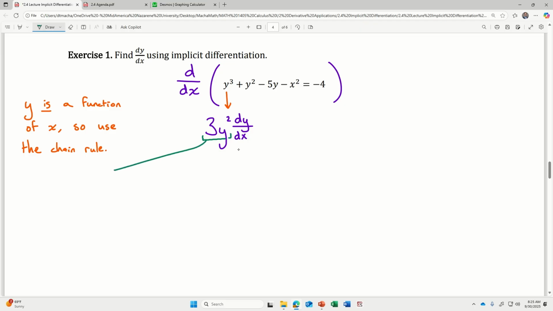So this part is the derivative of the outside function.